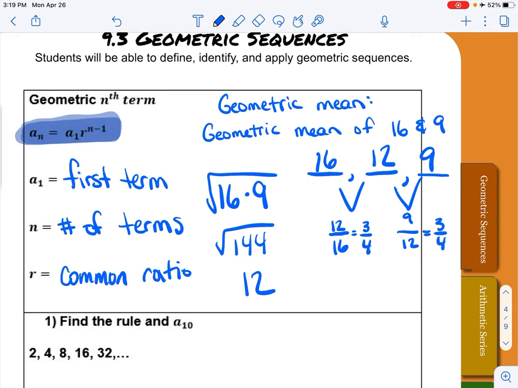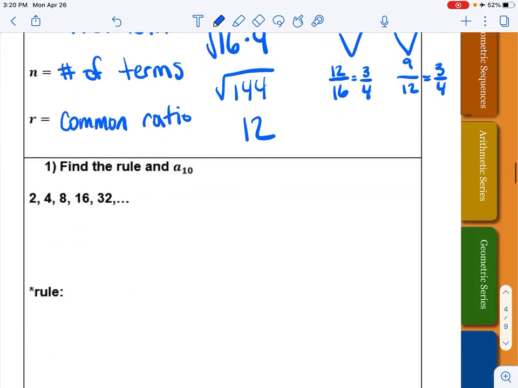They actually all reduce to 3/4, so that's fine. You could actually find the next term then based on that 3/4 number. You would find what is 3/4 of 9 to find the fourth term. Doesn't ask us to do that, so we won't do that. But that is how you solve here for the geometric mean, okay?